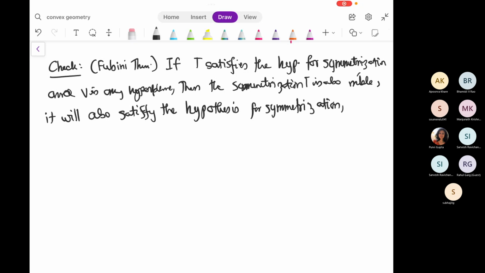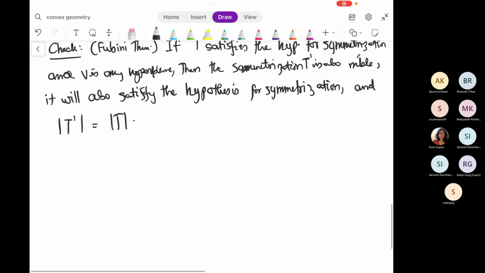Let's call the symmetrization T prime, and the Lebesgue measure of T prime is equal to the Lebesgue measure of T. So symmetrization literally preserves the volume, but there's a lot more that it preserves.